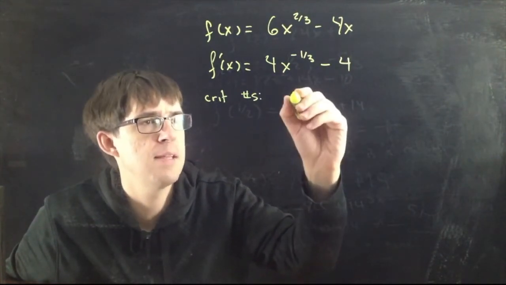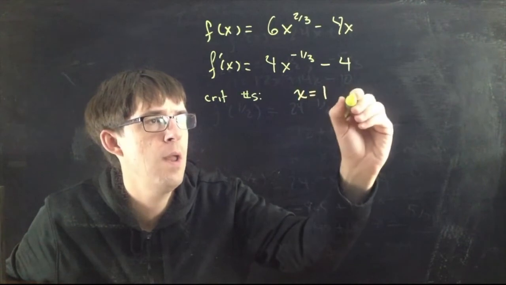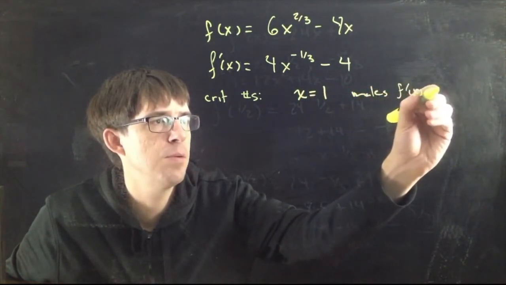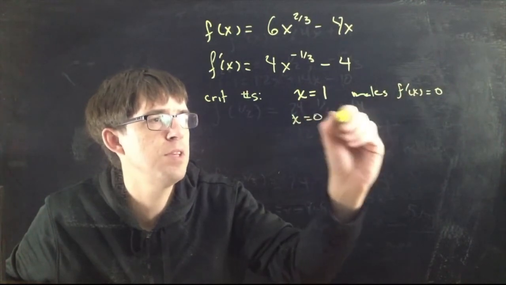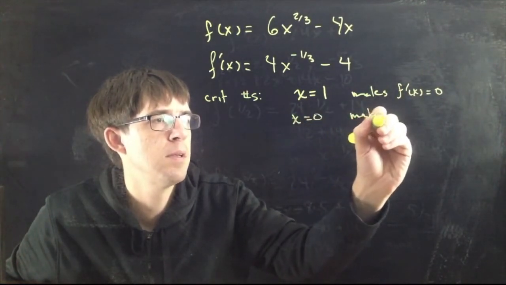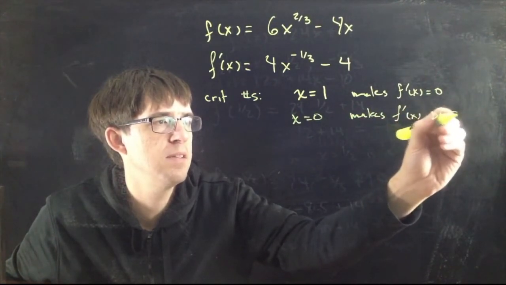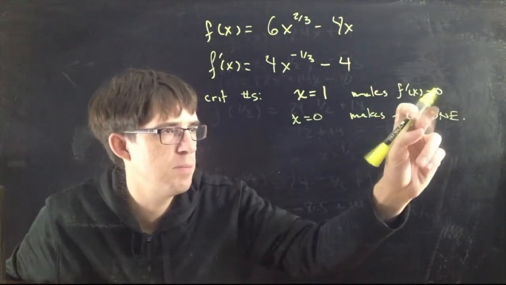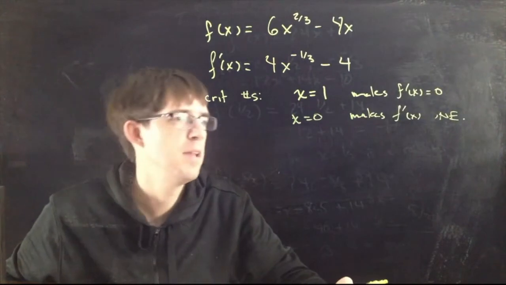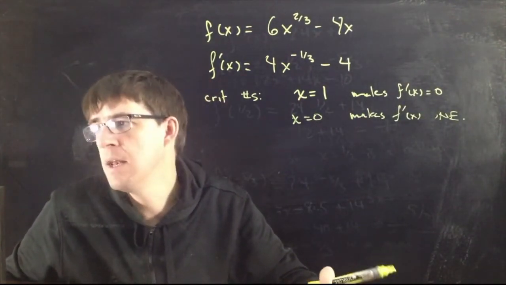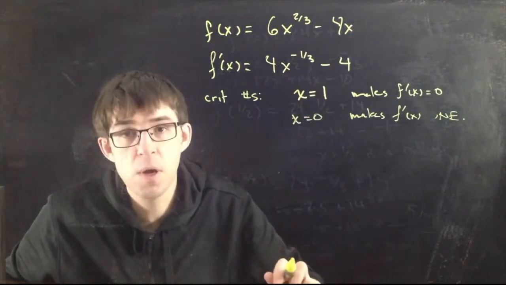If you remember from last time, x equals 1 makes f prime of x equal 0, and x equals 0 makes f prime of x not exist. I guess I shouldn't put the d there. That's grammatically incorrect. x equals 0 makes f prime of x not exist. So these are our two critical numbers.